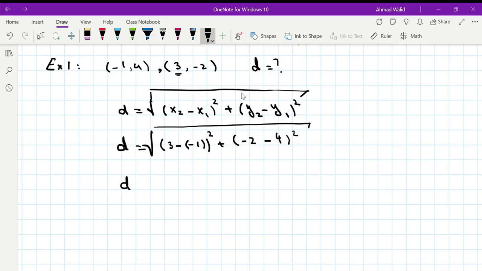Simplify. D equals the square root of double negative becomes positive. 3 plus 1 gives you 4, and 4 squared is 16. Plus -2, -4, -6, -6 squared gives you positive 36.